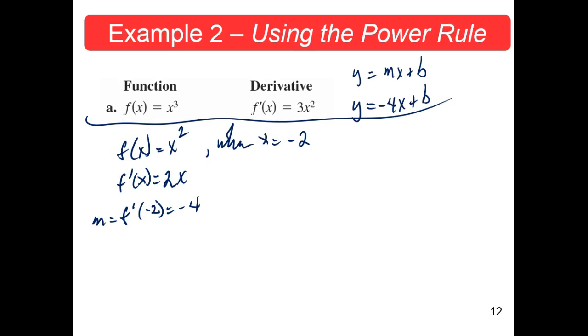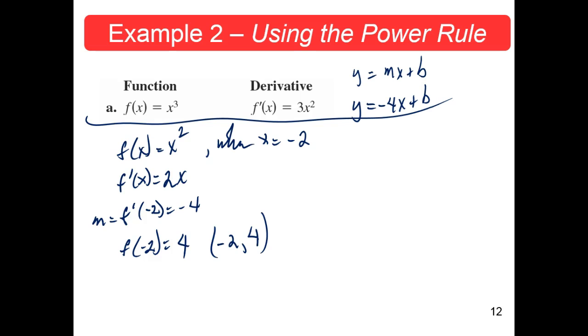Y. And -2 is going to be your x. So you can give me the xy point at that place. Let's do f of -2. And what would that give you? 4. Now, we have a point. What's your point? It's going to be -2, 4. When x equals -2, y is 4, right?